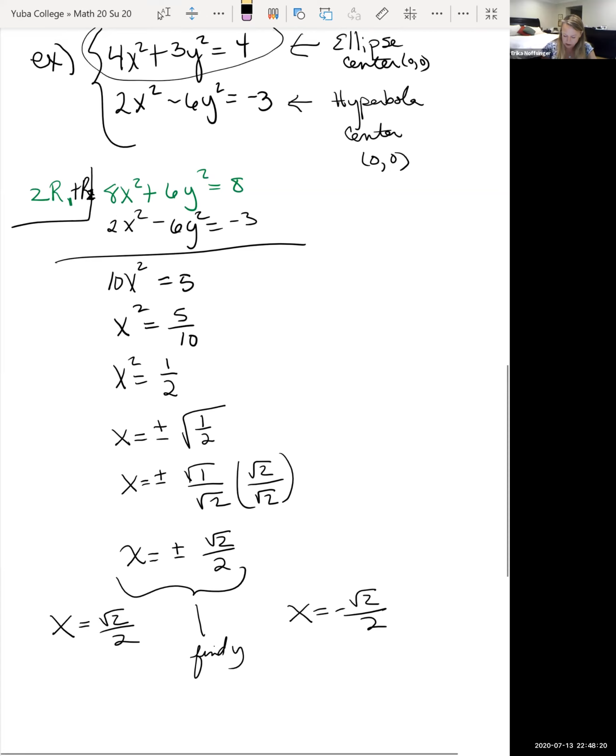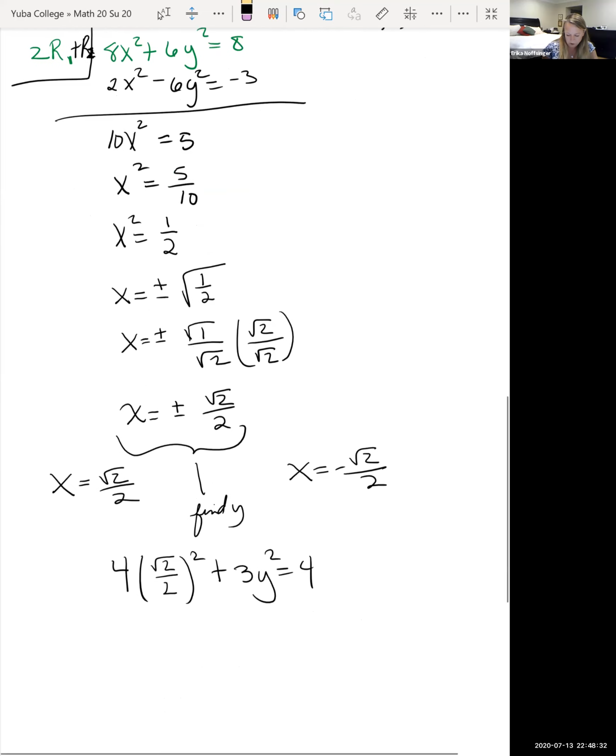So we have 4 times x, so root 2 over 2, quantity squared, plus 3y squared equals 4. So we get 4, squaring a square root of 2 is just 2. Squaring 2 in the denominator is 4, plus 3y squared equals 4. I notice my 4's cancel.